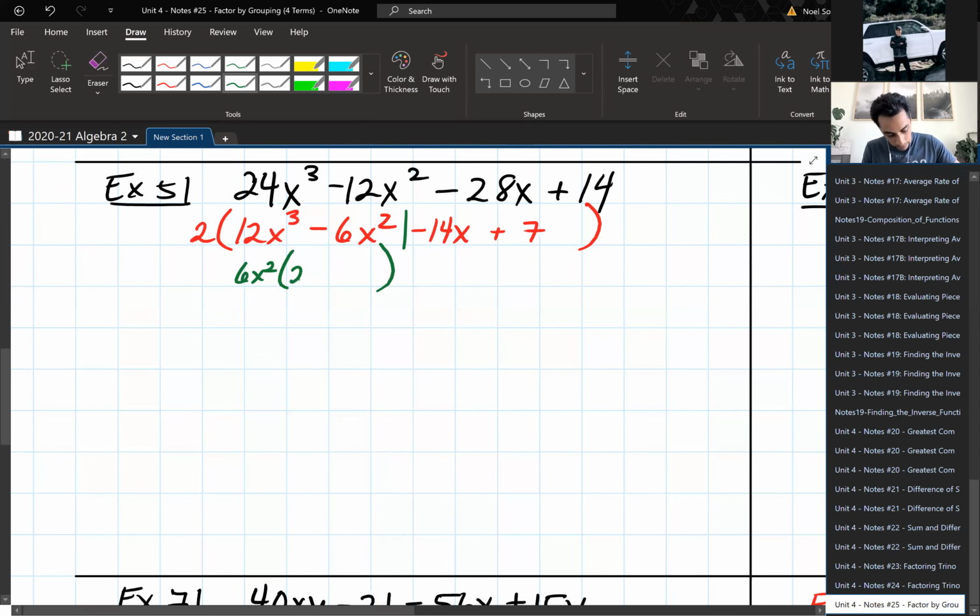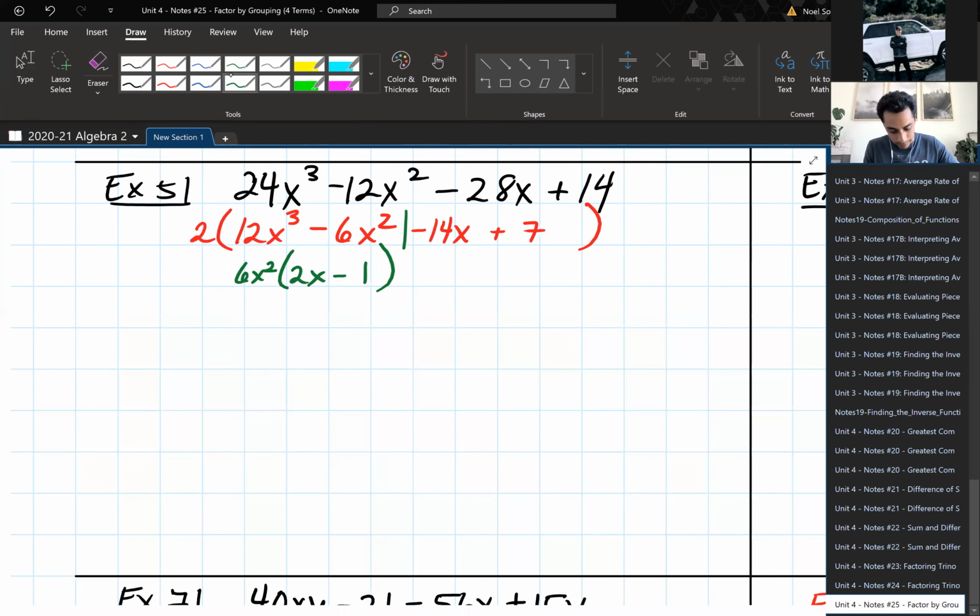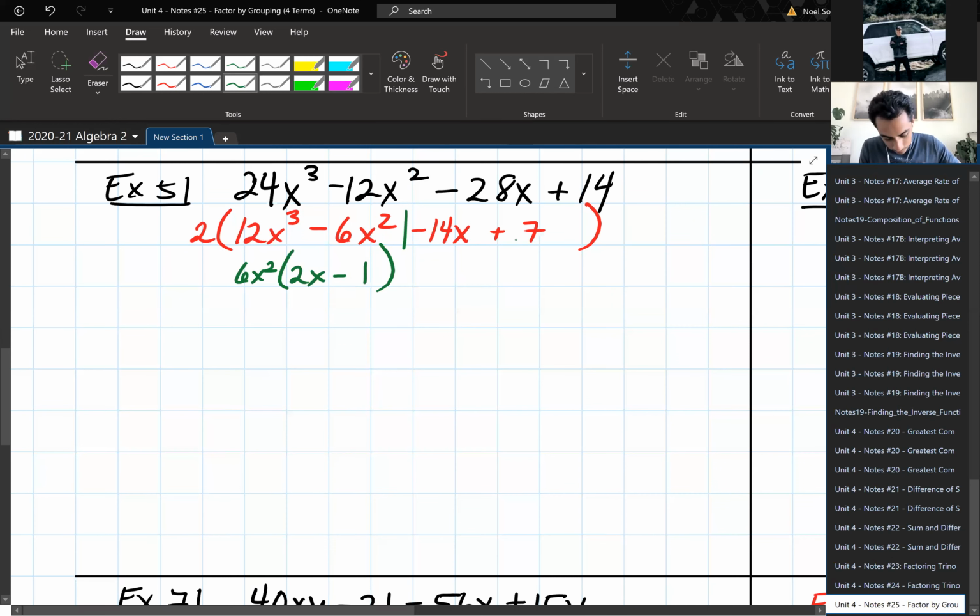Yeah, there's a 2x minus 1, right? 6x squared over 6x squared is just 1. Okay, now take a look at negative 14x plus 7. All right, who's the leading term? Negative 14, that's right. Oops.